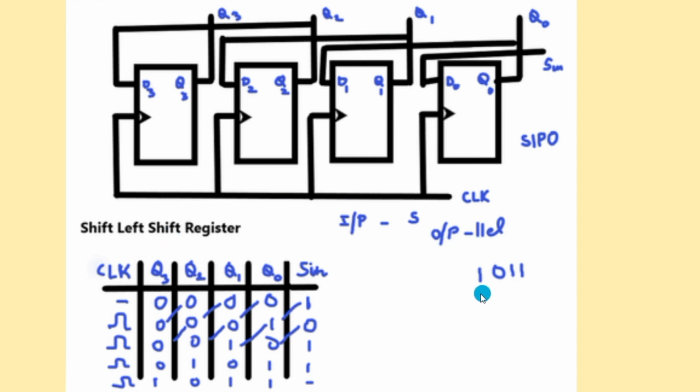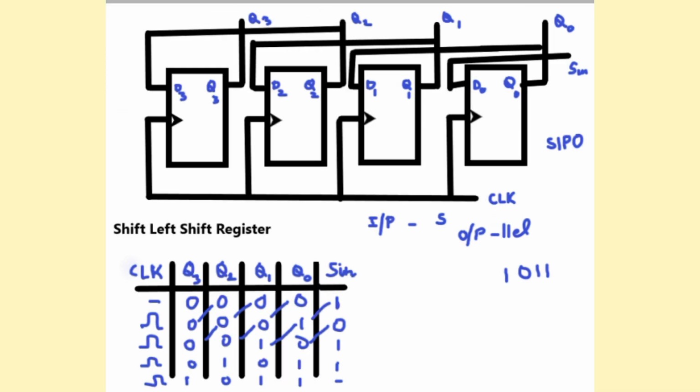To store this binary bit, we will first feed in the most significant bit in this type of register. So we can see that the result is shifting towards the left, and this type of shift register is called a shift left shift register. The operation of the shift left shift register is similar to that of the shift right shift register.